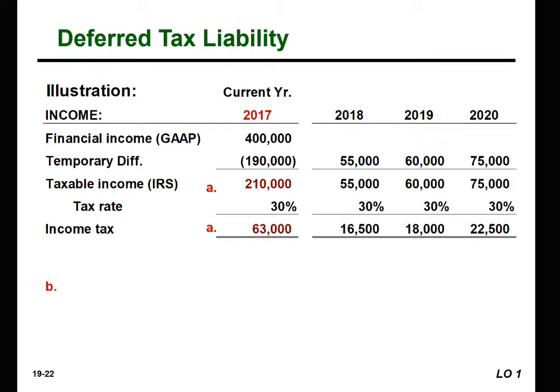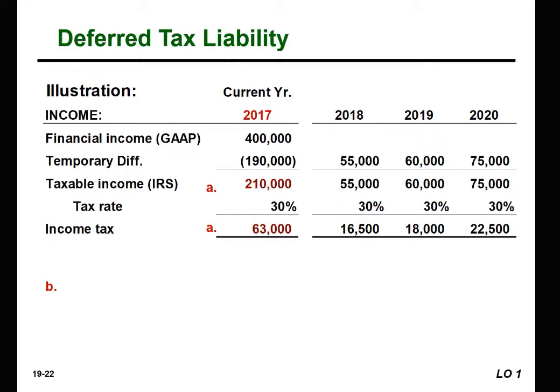But this is only temporary, because in 2018, 19, and 20, those are going to be taxable amounts. This gives us taxable income in 2017 of $210,000. We apply that 30% tax rate to it, then we would have income tax payable of $63,000.